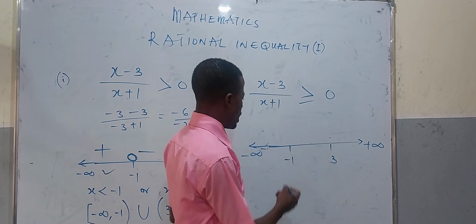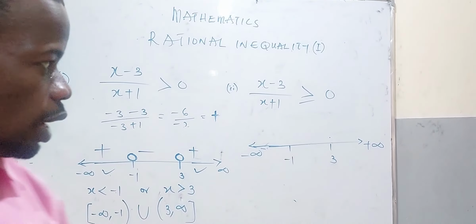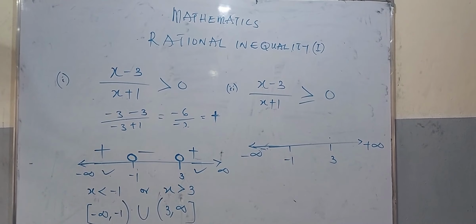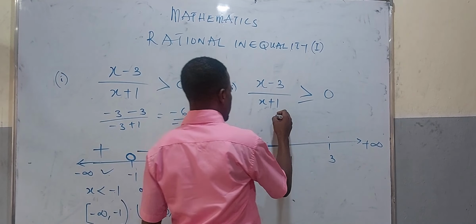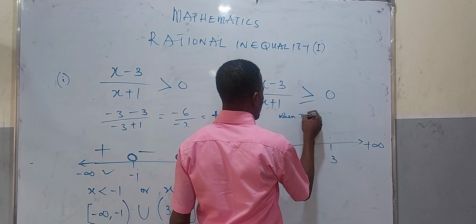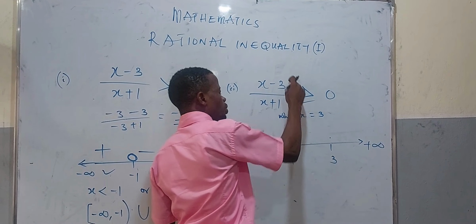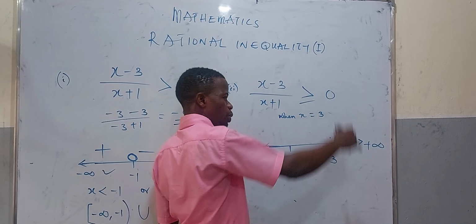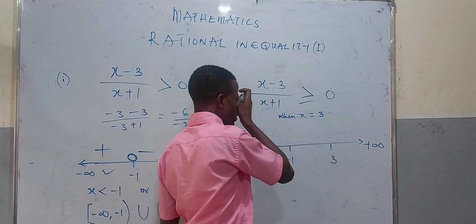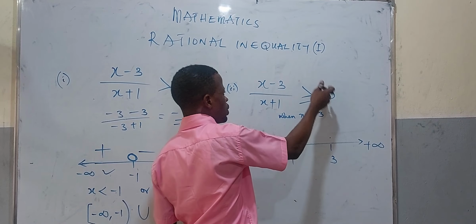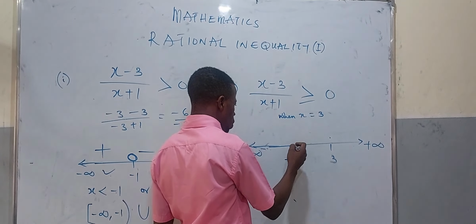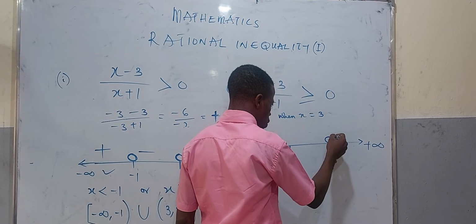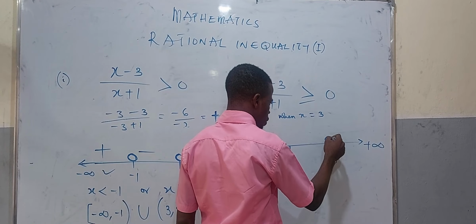So when x is equal to 3, of course, we get zero, because this is 0, that's why we need here x is equal to 3. Put 3 here, you have 0. So it's possible this is greater or equal to 0. Can be equal to 0. This region 3 is inclusive.